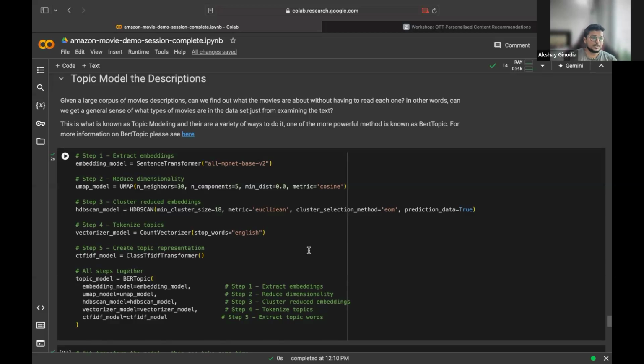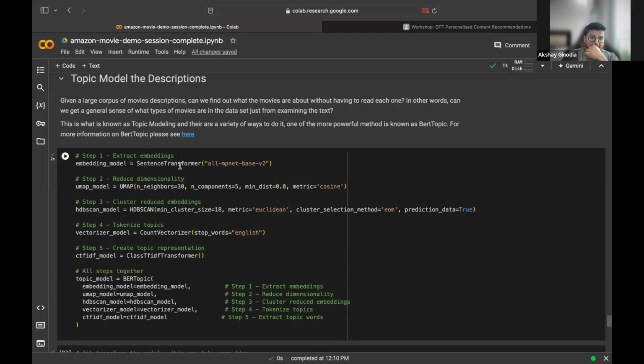If I want to find out what kind of movies are in there, without understanding or visualizing the separate words, which wouldn't really tell much. But if someone can read all the text of the description and then tell me what kind of movies are in there, what kind of similar types of movies, what are the topics, and so on. Topic modeling is a good way to understand and also use it in models.